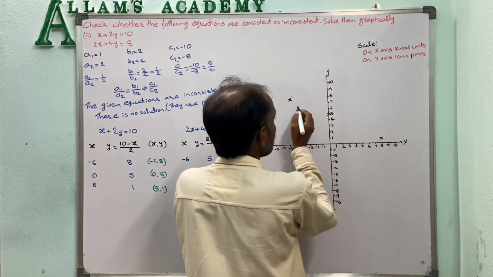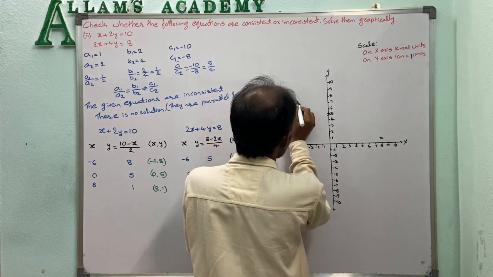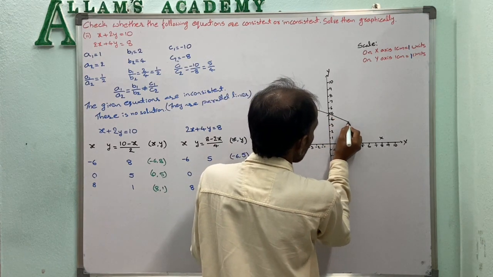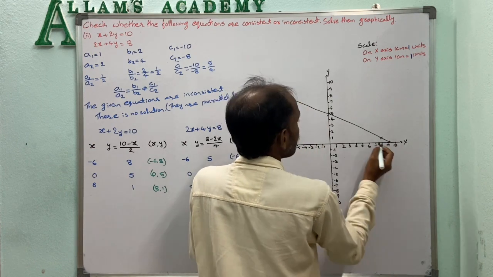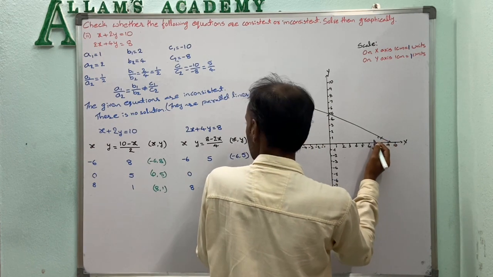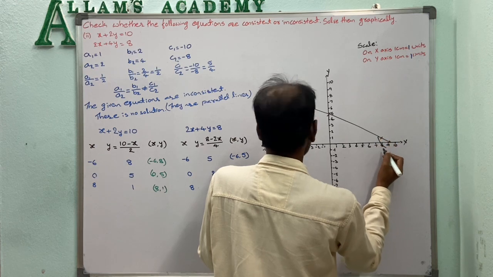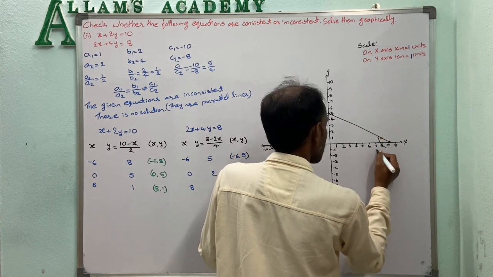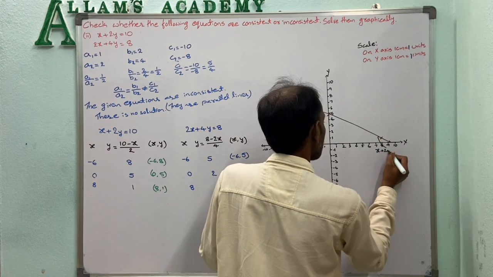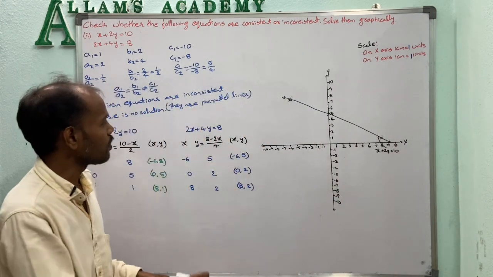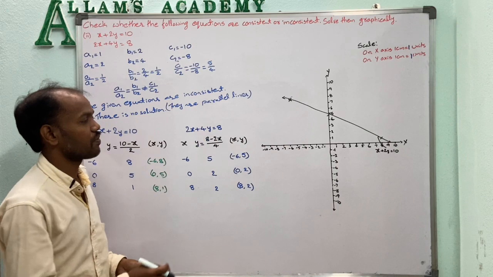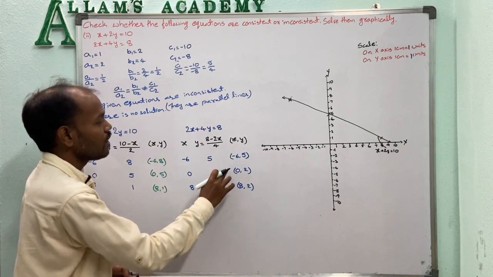Now if we join the points, we get a straight line, and the line is x plus 2y equal to 10. For the second linear equation, 2x plus 4y equal to 8, we draw the points.